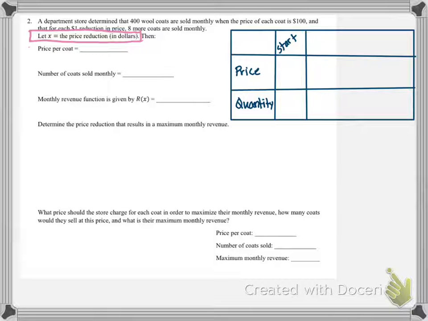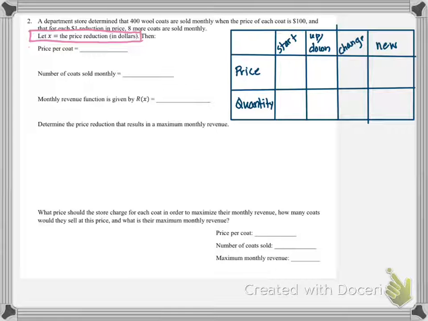And then one of them is going up and one is going down, by some amount, so that'll be the change. And all of that is going to give me the new price and quantity based on X.